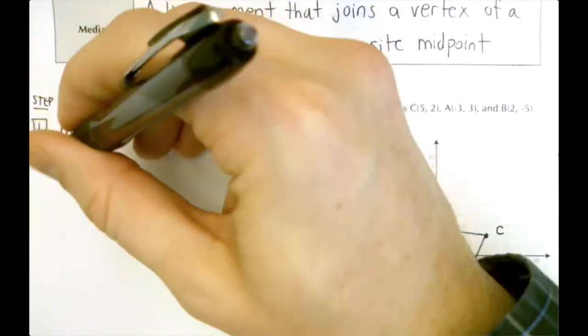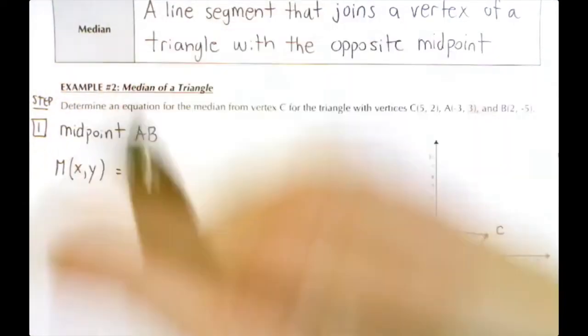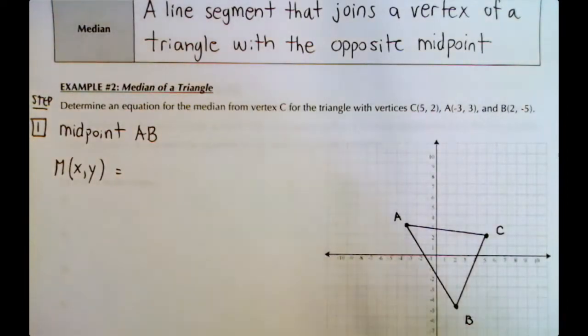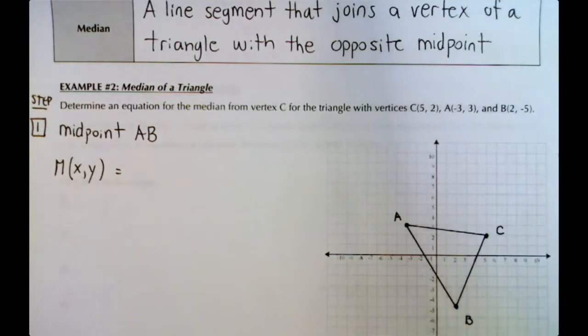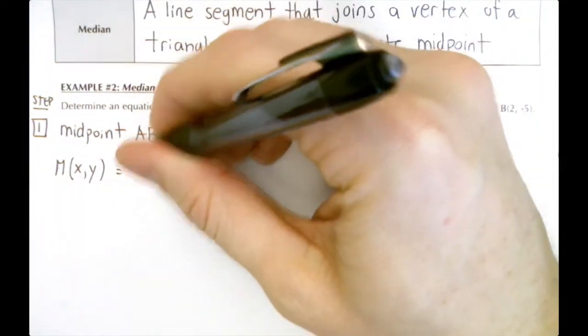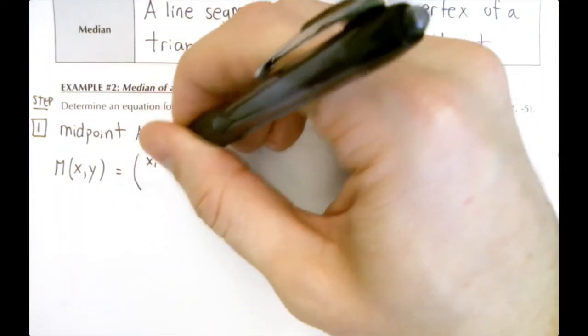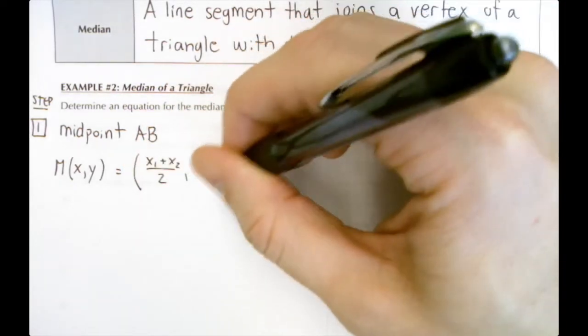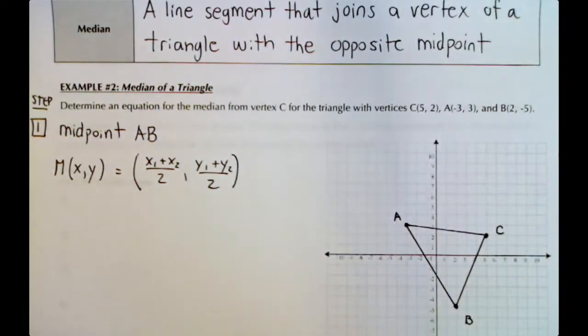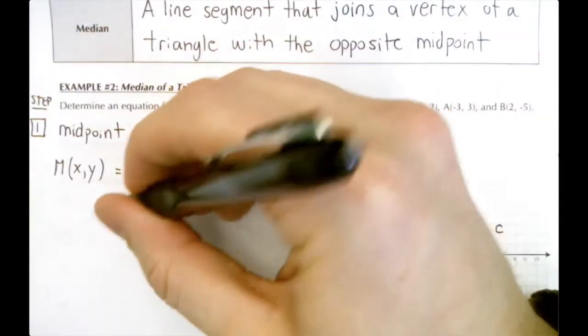So to do that, we're going to call our midpoint M, and we need an X and a Y. We can find the X and the Y by looking for the middle of A and B. If we remember our equation, it's x1 plus x2 over 2 and y1 plus y2 over 2. Let's plug in what we know.